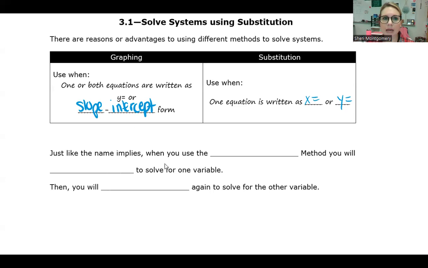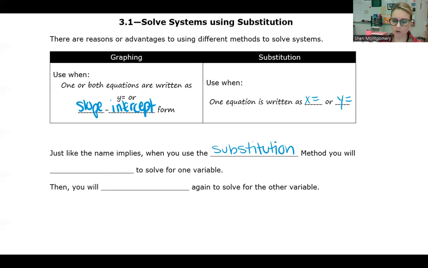So just like the name implies, when you use the substitution method, what do you think you're going to be doing? If you're using the graphing method, we graph to find the solution. If we're using the substitution method, what do you think you're going to be doing?